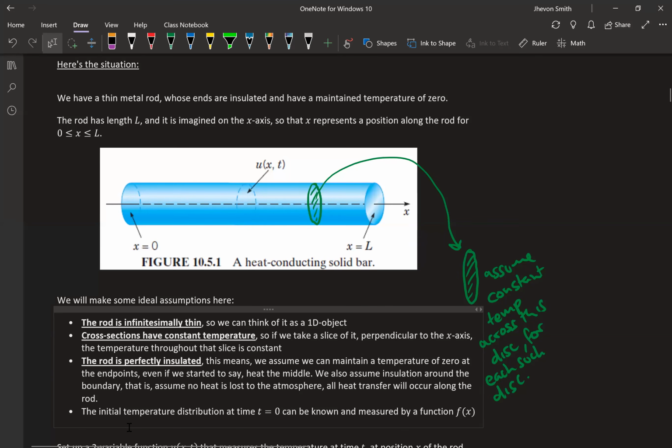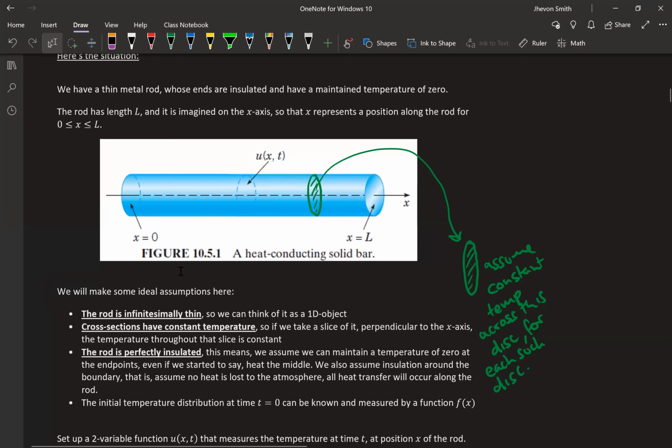We're also going to pretend, and this is a big assumption here, but there are going to be situations in which we can kind of measure it, that initially we actually know what the initial temperature distribution is. So we might start with a situation where we know that the rod throughout has a constant temperature of 5 degrees. And then we're going to heat up a portion of it, right?